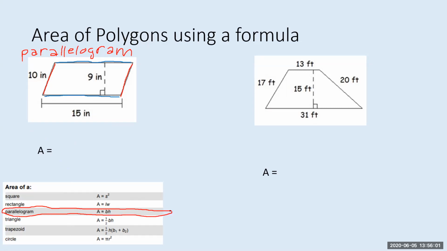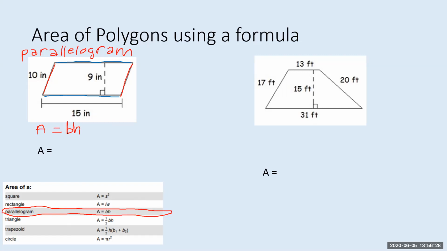So I look at my formula sheet and I see area of a parallelogram is equal to the base times the height. So it says A equals BH, which means area equals base times height. Remember, the formula is just a little like shorthand set of directions for how to do the calculation. So area equals base times height.